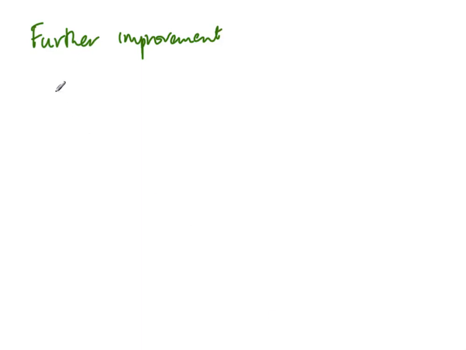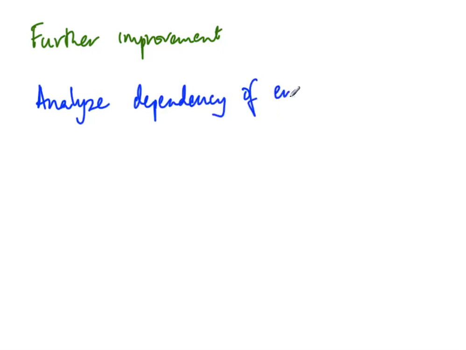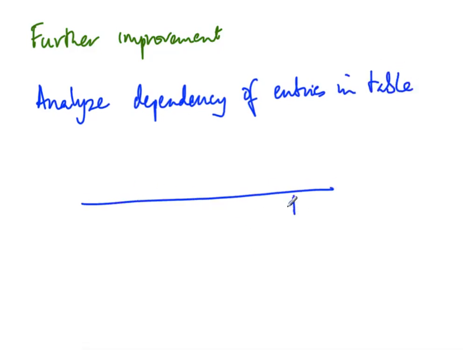So what we can do is analyze the dependency of entries in the table, right? Here we know that if we are computing, for instance, the table entry at some particular i, then it only depends on values to the left. It depends on some i-1 and some value j, right?